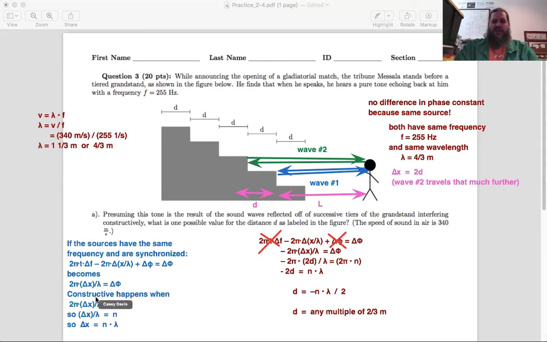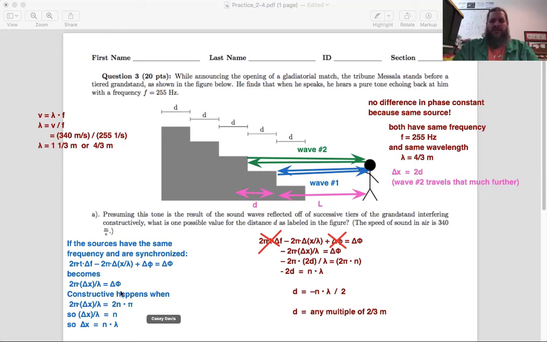So in general, in any situation where the sources are the same frequency and they're synchronized with each other, both oscillating in the same way, then the only difference between the two waves is how far they travel. In that type of case, you get constructive interference when the path length difference is a whole number of wavelengths. So that is a much simpler way of analyzing that particular kind of situation. You can always start with the total phase difference equation anyway. It'll just lead to this result.